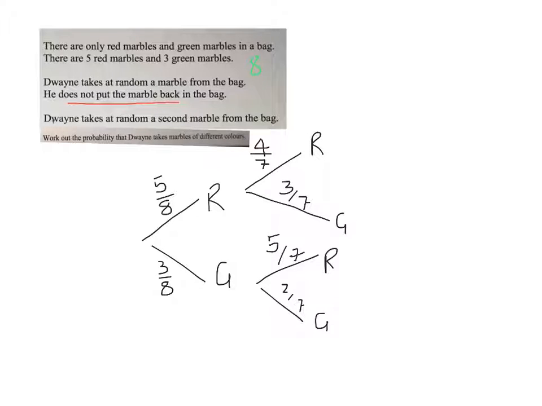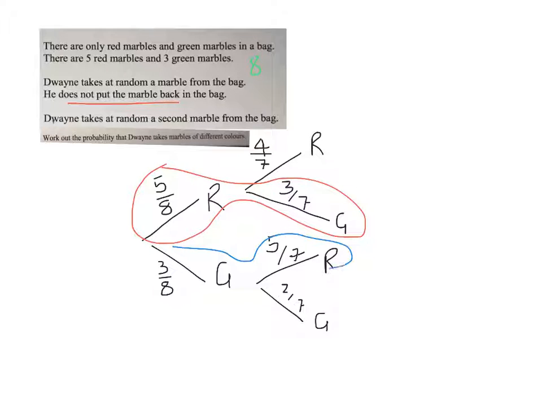So it says, what is the probability that he takes 2 different colors? Now, if you look at it, there are 2 possible paths that he could have followed. He could have done red and then green, or he could have done green and then red. So if we work along a branch, we multiply together.